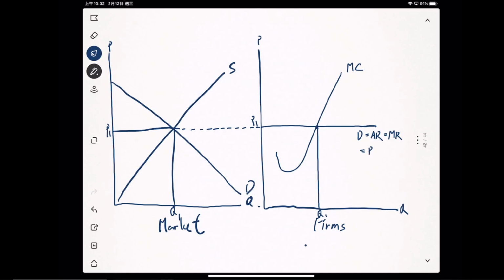If you want this diagram to show a profit, you need to show me that when producing at Q1, the AR is bigger than the AC at Q1. That's why the AC at Q1 should be lower than P1 at Q1.